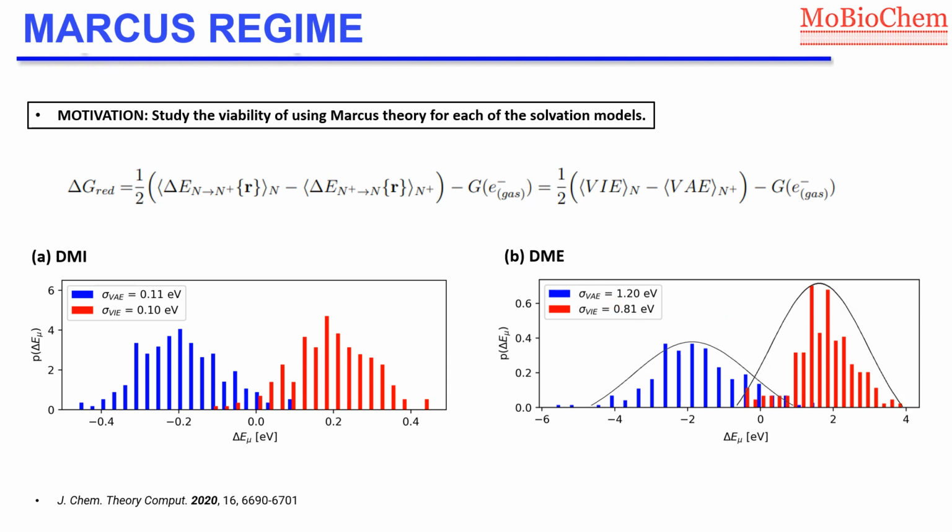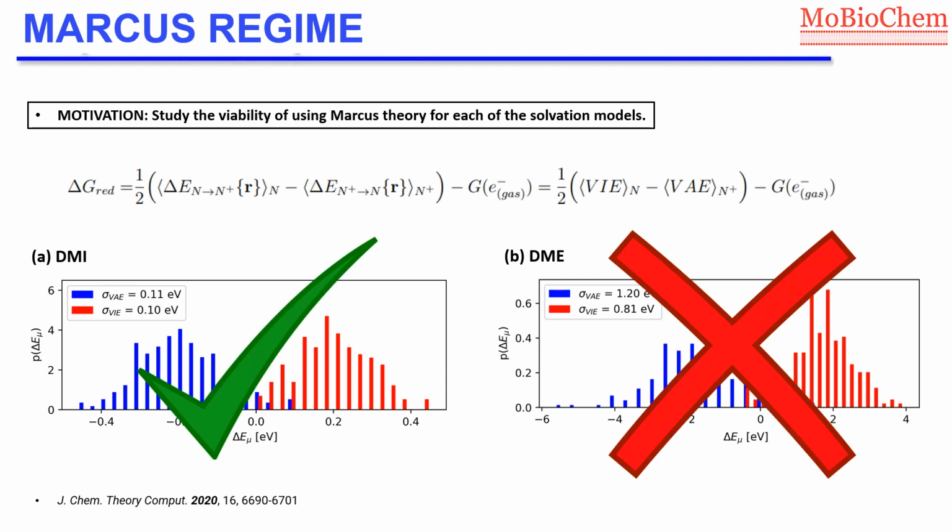In this case, the distributions are far from being Gaussian functions with respect to the implicit model. In addition, standard deviations are not equal. Consequently, when an explicit solvent is used, the Marcus theory does not work properly, contrary to the case for which COSMO is applied.